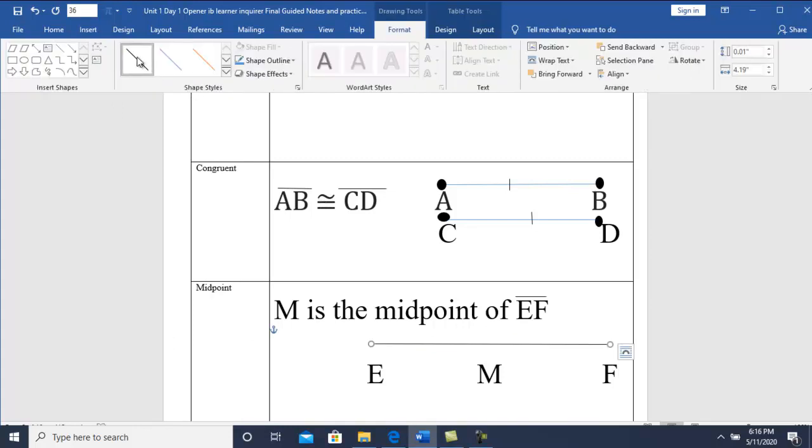So first thing we're going to do is draw a line. Here's one endpoint, there's E. M is going to be somewhere in the middle. That's my second point.